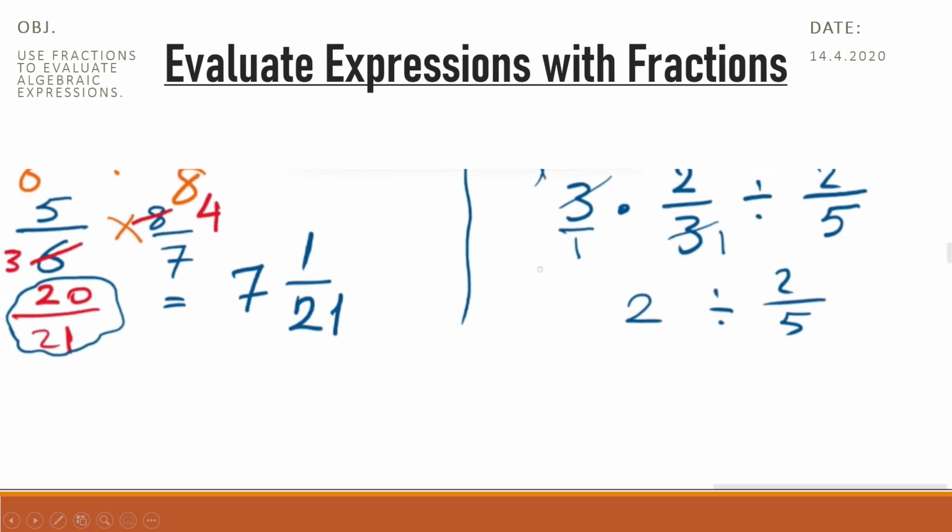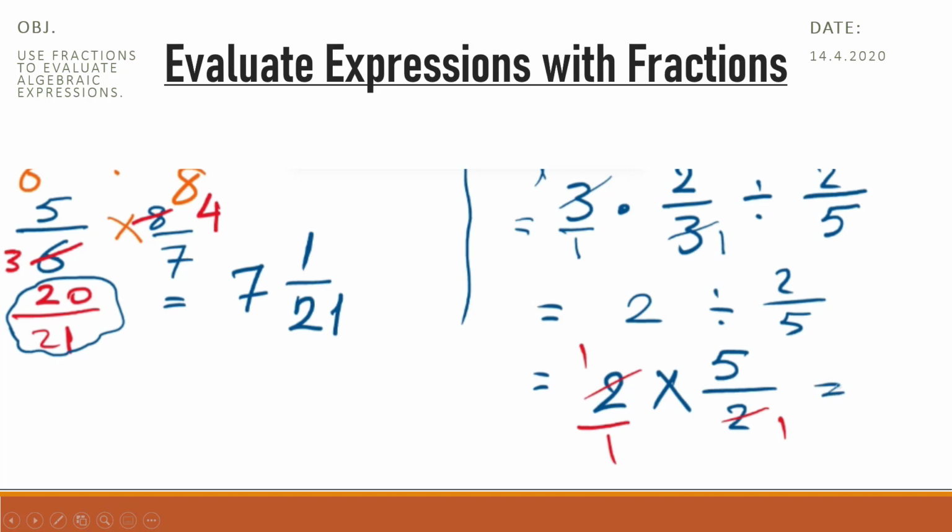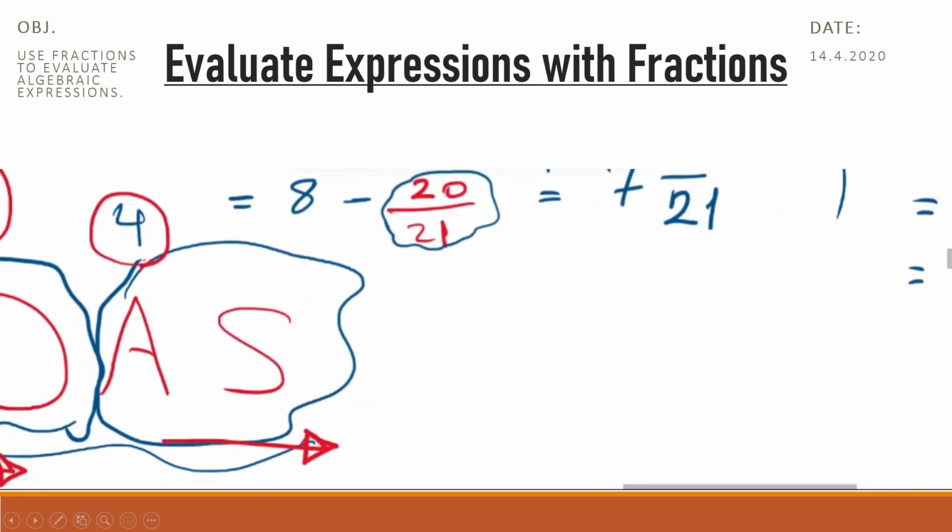Now change division into multiplication and get the reciprocal of the divisor, 5/2. Now multiply. We can simplify here. 2 divided by 2 is 1, and 2 divided by 2 is 1. So it's 5 multiplied by 1, which is 5. So the final answer is 5.